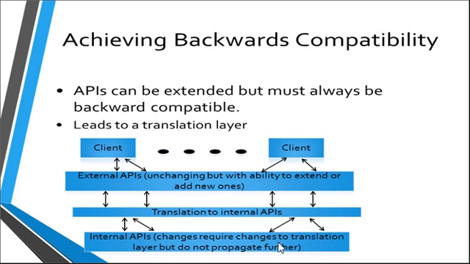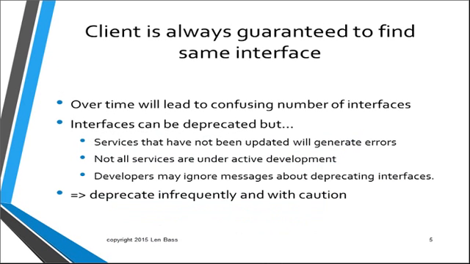The code base will evolve. You may add new APIs or extend the APIs, and this translation layer is responsible for translating from an old API to the new code base. That way the client is always guaranteed to find the same interface.